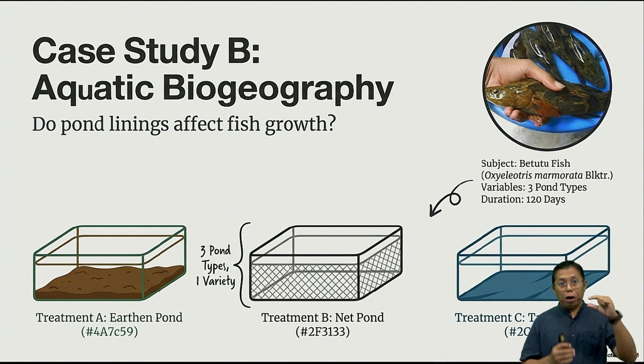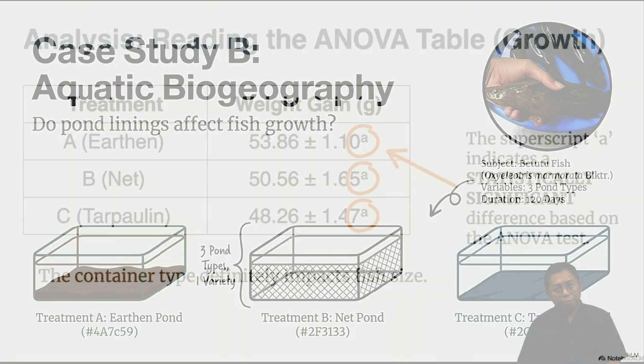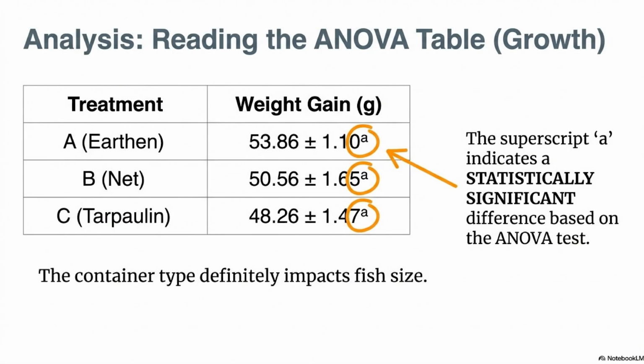So we use one fish species, but three different treatments, or in here, three different pond types: earthen pond, net pond, or tarpaulin pond. Basically, we compare these, and we keep everything the same, and the only things that change are the container and the pond lining. And we look at the growth based on the weight gain.